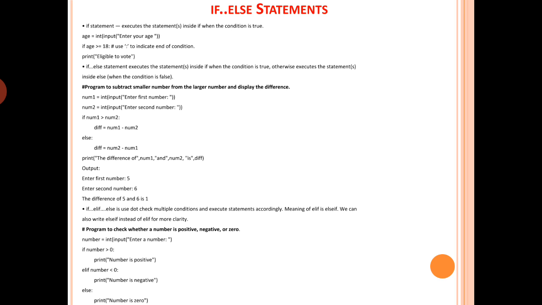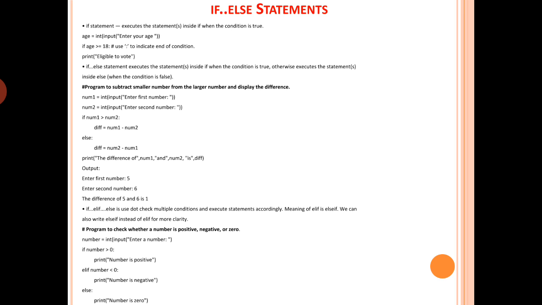So, if age is greater than equals to 18, but students remember, use a colon to indicate the end of the condition, and print eligible to vote. Second is if else. The if else statement executes the statements inside if when the condition is true. Otherwise it executes the statement inside else when the condition is false.